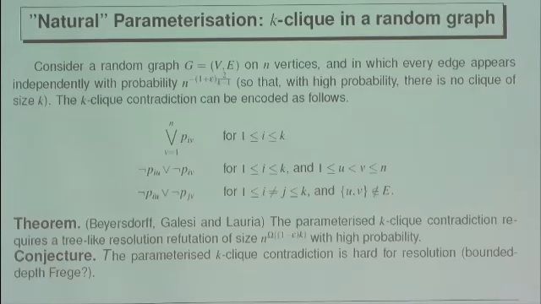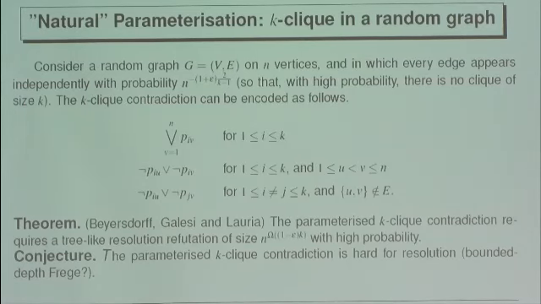Perhaps I should say that this problem, finding a k-clique in a random graph on n vertices, there has been progress. For instance, there have been, recently or not so recently, two lower bounds for AC0 circuits and for monotone circuits.